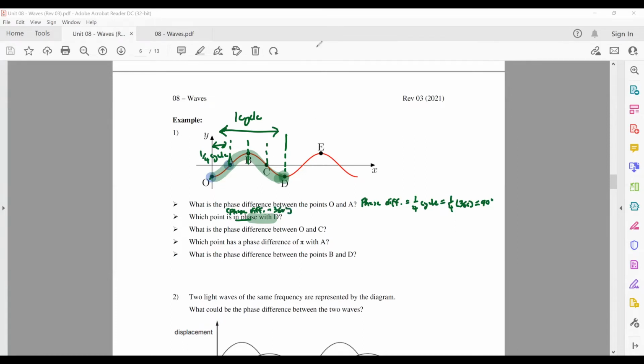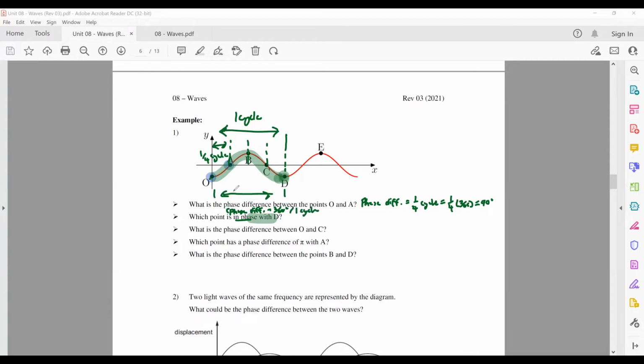Find a point that has a phase difference of 360 degrees with D. That one would be this one, isn't it? Phase difference of 360 degrees, or one complete cycle.